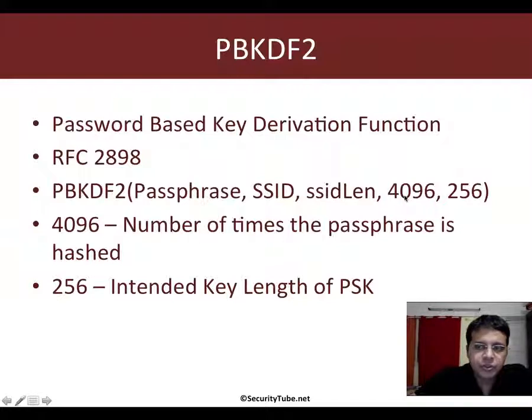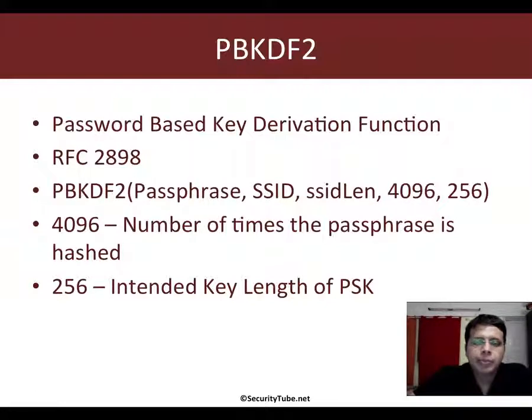Now 4096 stands for the fact that the passphrase would be hashed 4096 times by this function, and 256 is the size of the end key which is required from the function. The password-based key derivation function can take in any arbitrary values here, and hence you could even have derived a 512-bit key if you liked.